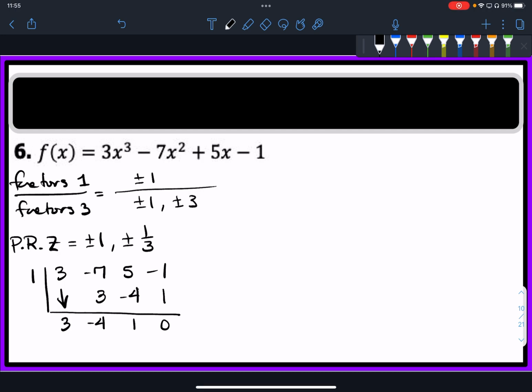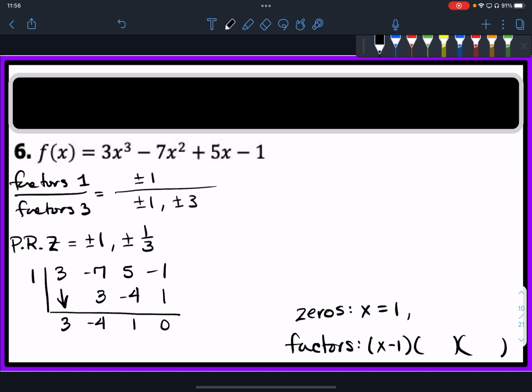So one of our zeros is x equal to positive 1, which means that my factor for that zero is x minus 1. We're just missing 2 more zeros and 2 more factors, which we're going to figure out now that I've divided this out.